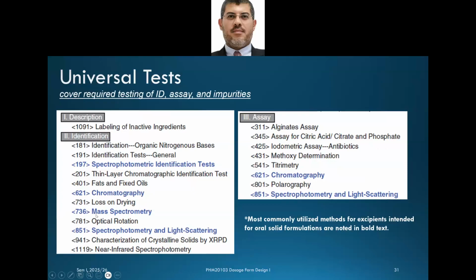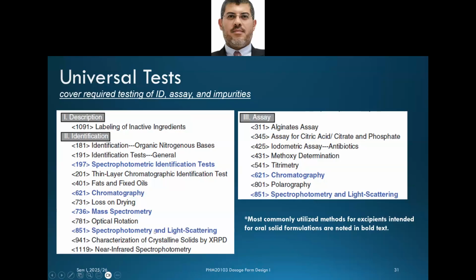We test them because they have impact on the final characteristics of the dosage form, like weight and content uniformity, hardness and compressibility, disintegration, dissolution, and physical and chemical stability. For example, a hygroscopic substance will absorb water, and then the water content can increase degradation of the active ingredient.